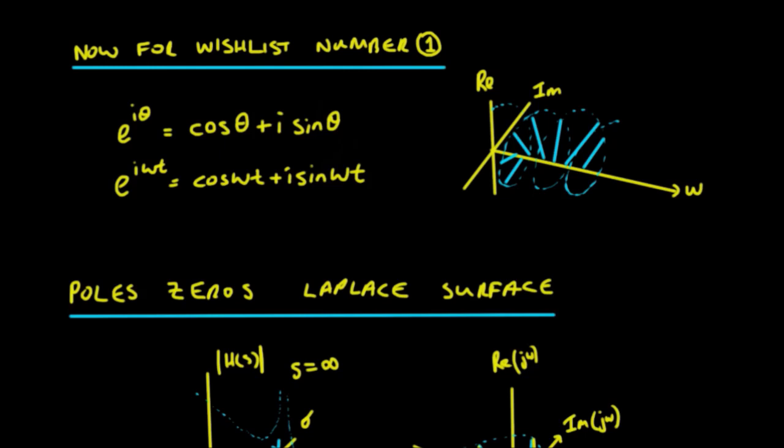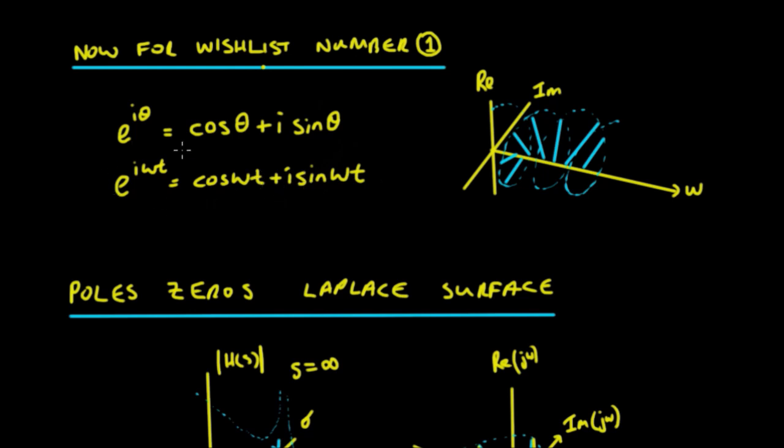Now the next part from the wish list is to represent the amplitude, frequency and phase like we did previously, but now in terms of our complex frequency, and we're able to do that simply by a couple of identities. So e to the i theta equals cos theta plus i sin theta, and we could replace theta by omega t, so you get cos omega t plus i sin omega t.